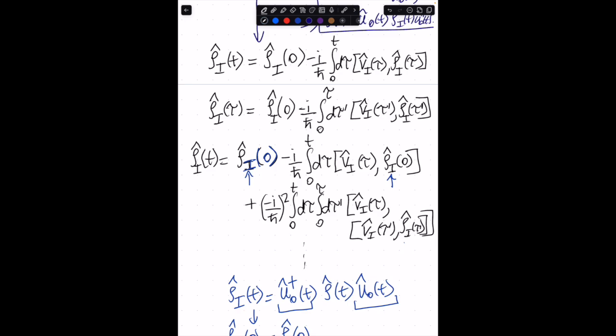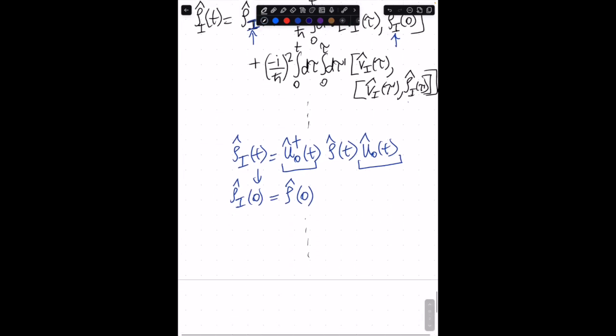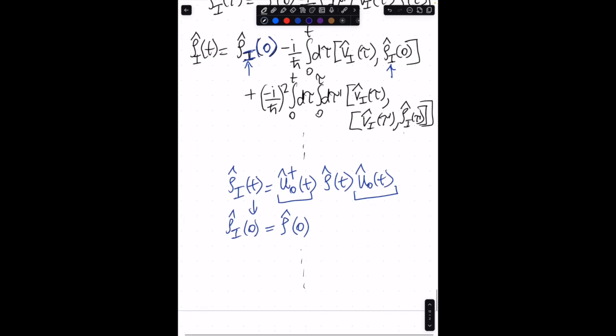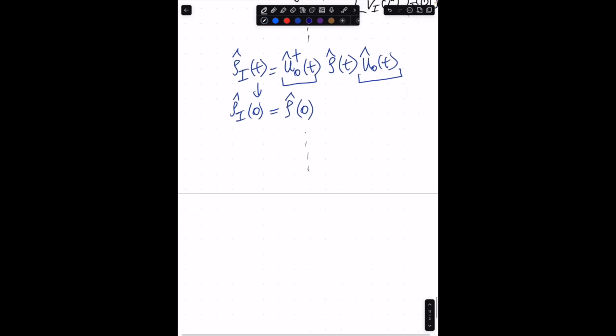And then you continue with this solution, and you do this iterative procedure an infinite number of times and you will get a series solution which looks like this.